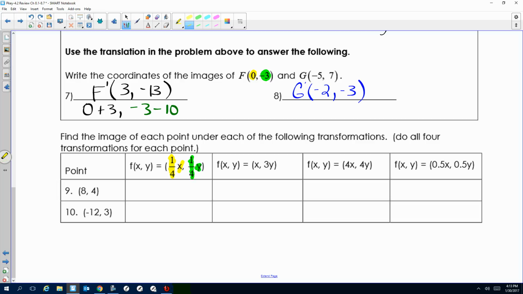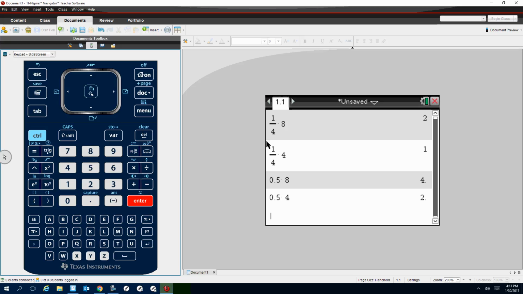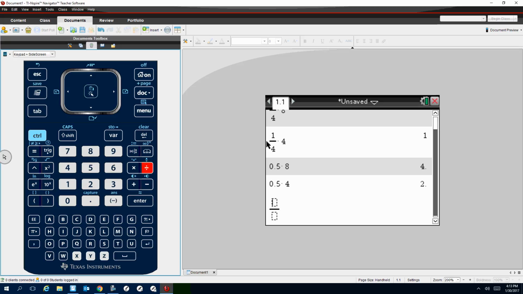So we're taking our x, that's the first coordinate, our y is the second coordinate, and we're going to multiply 1/4 by it. If I was to physically do that on the calculator, I hit Control, divide, I get my fraction bar. I want the 1 on the top, the 4 at the bottom, and then I need to tab to the right so that I can do the times.